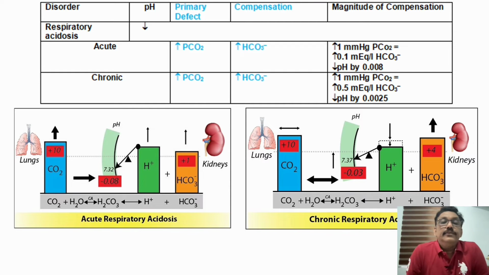So 10:1. But in chronic it is slightly higher, 10:4 or 5. That is very important. So for every 10 millimeter of mercury increase in PaCO2, bicarbonate also increases by 4 milliequivalents per liter. That is done by the kidneys.